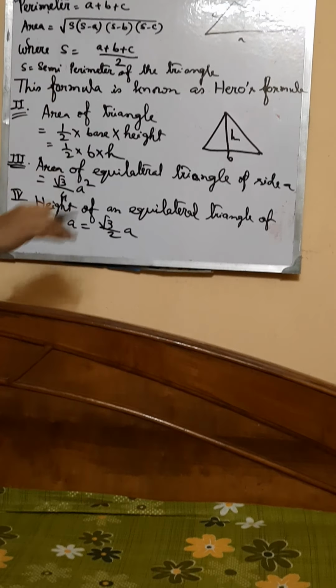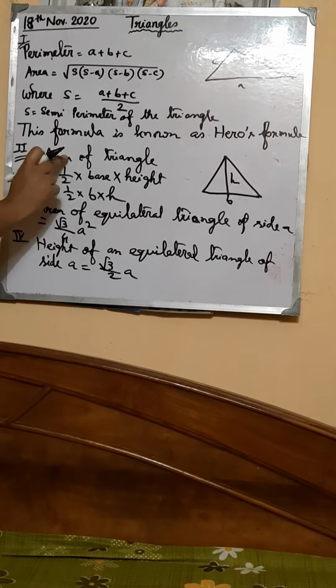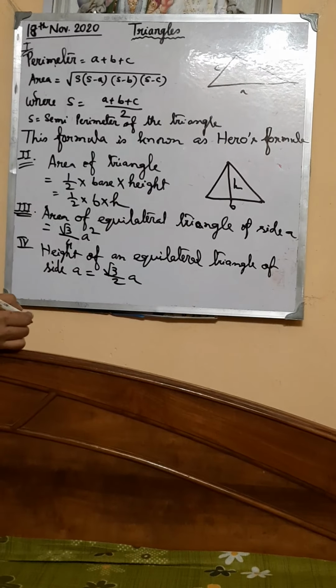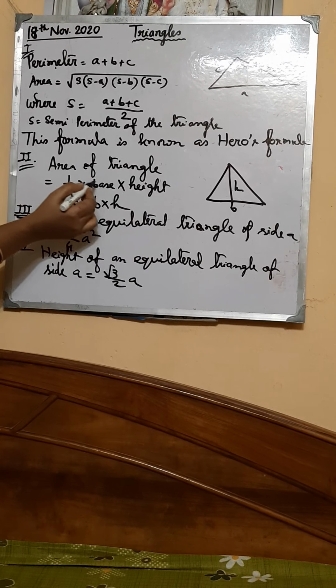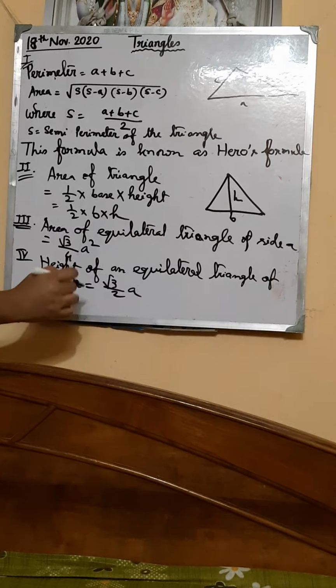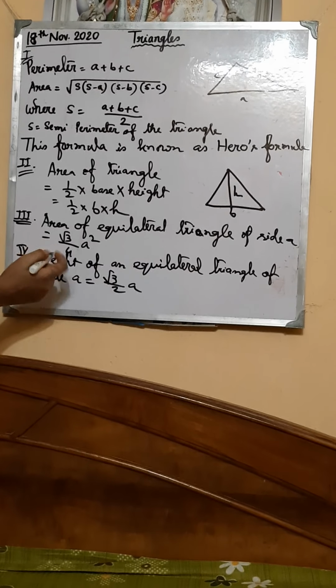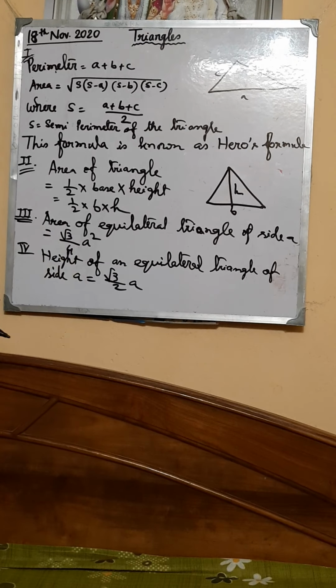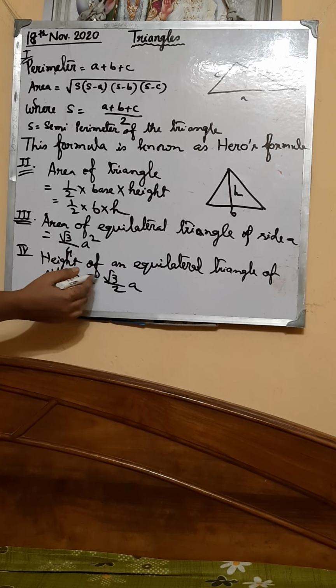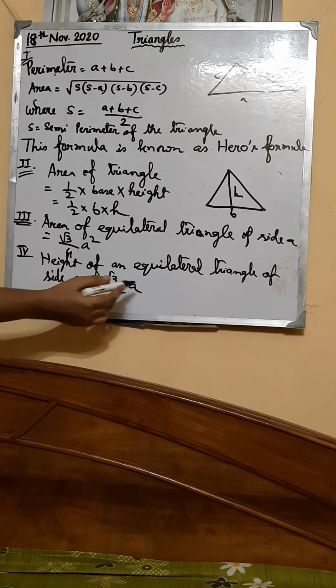This is also known as Hero's formula. Area of the triangle whose base is B and height is H, the formula half into base into height is used. Equilateral triangle means each side is equal, at that time root 3 by 4 into side square is the formula. And height of the equilateral triangle of side A is root 3 by 2 into A.